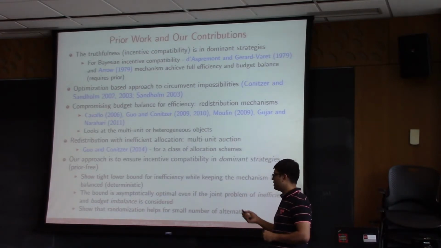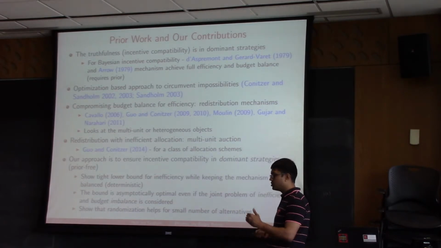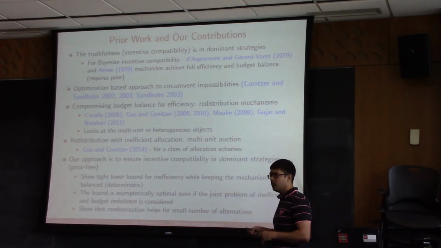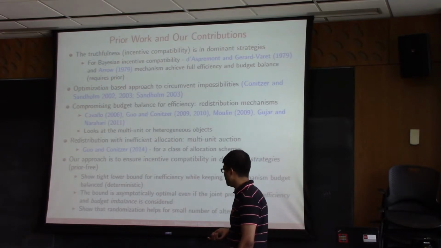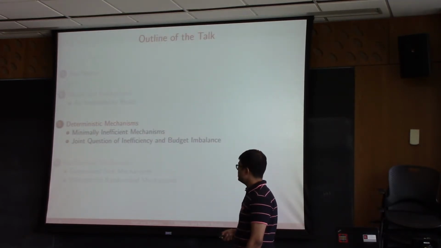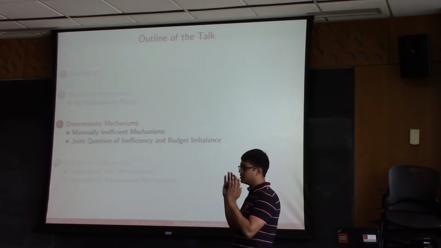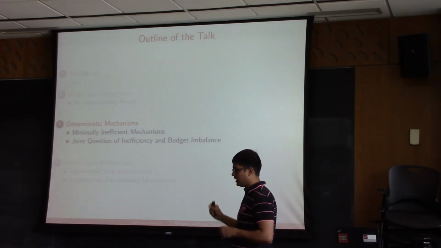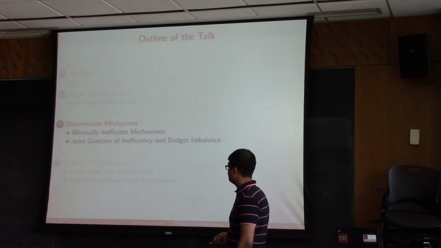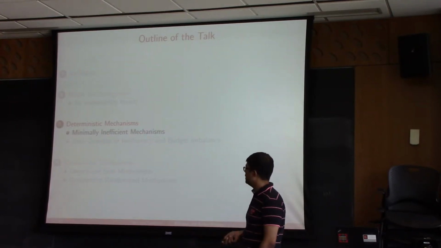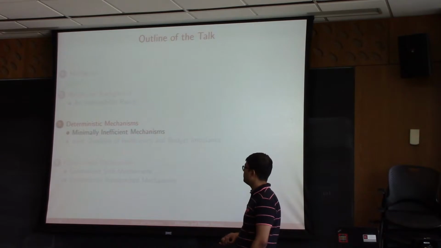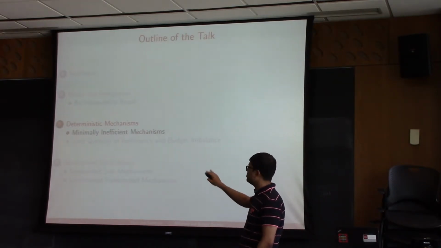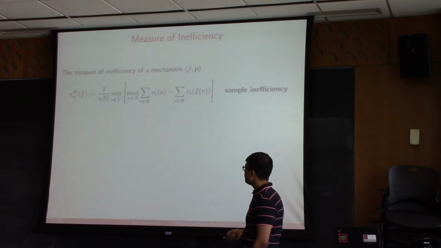We finally show that in the context of randomized mechanisms, these bounds can be improved, and we'll talk about that near the end. So a deterministic mechanism, remember, is a mapping from the valuation profiles to a particular alternative deterministically, and in the first part we'll be discussing budget balanced and strategy-proof mechanisms that are minimally inefficient.